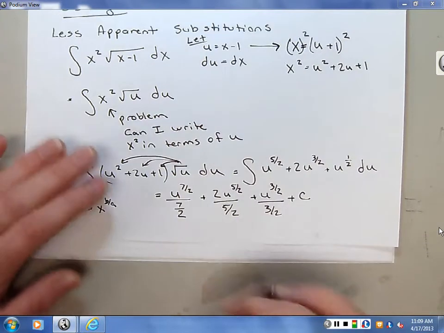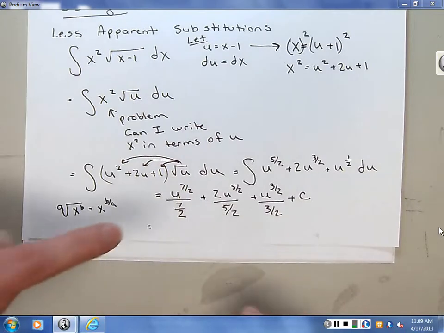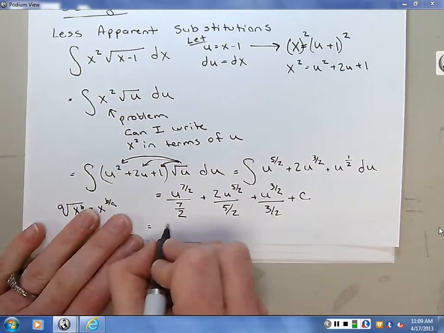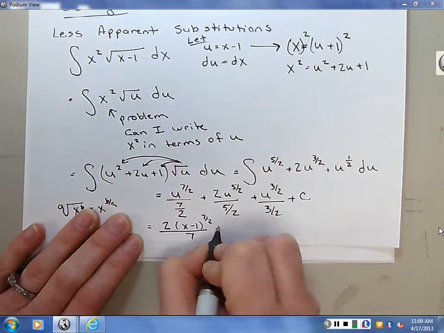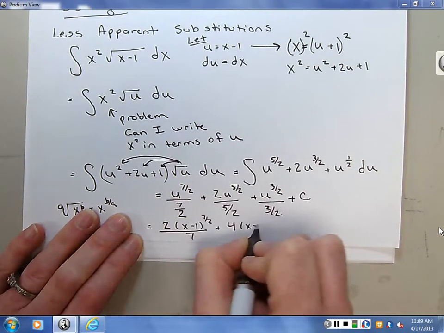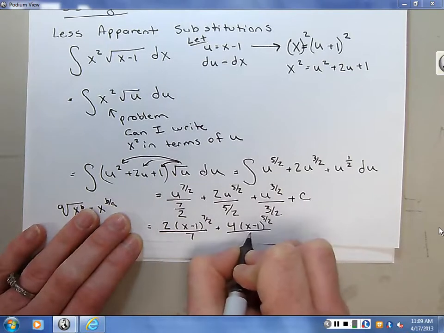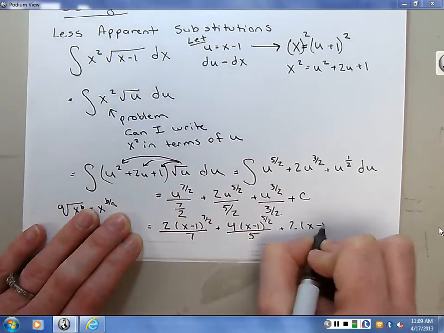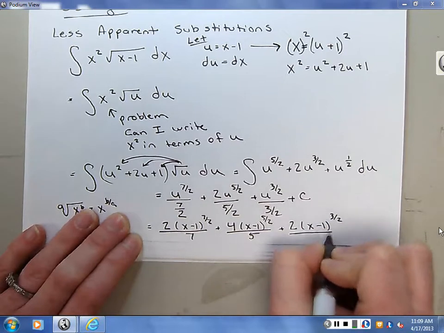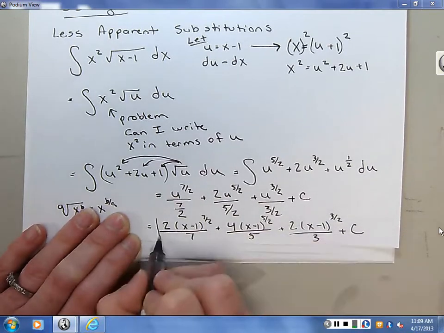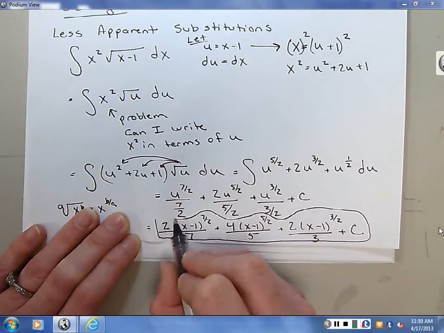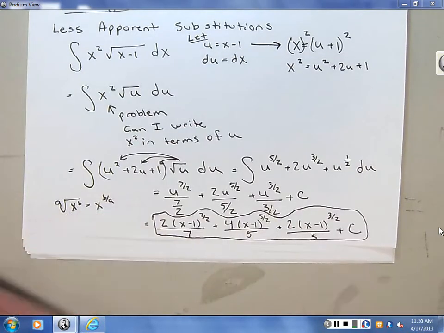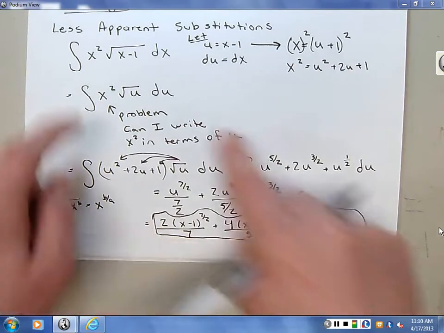So cleaning this up and back substituting what u is in terms of x, I have 2 times x minus 1 to the 7 over 2 divided by 7, plus 4 times x minus 1 to the 5 over 2 divided by 5, plus 2 times x minus 1 to the 3 over 2 divided by 3, plus c. And that's your answer. If you differentiate this and add like terms, you get back this.